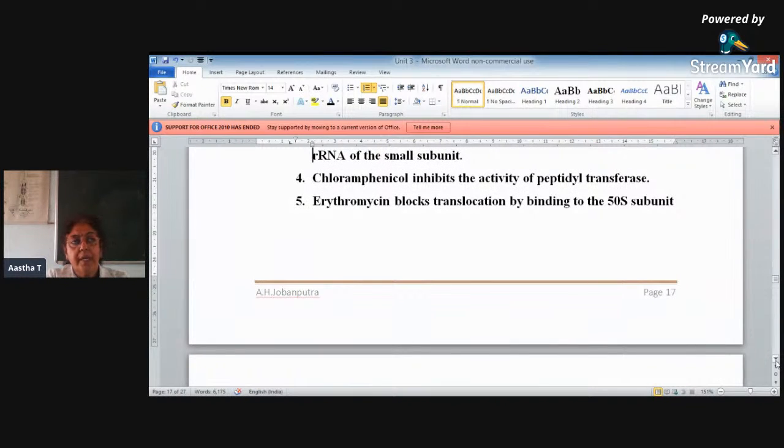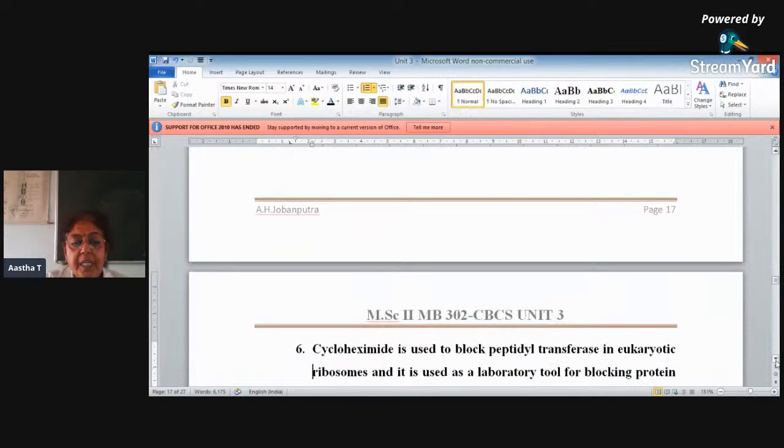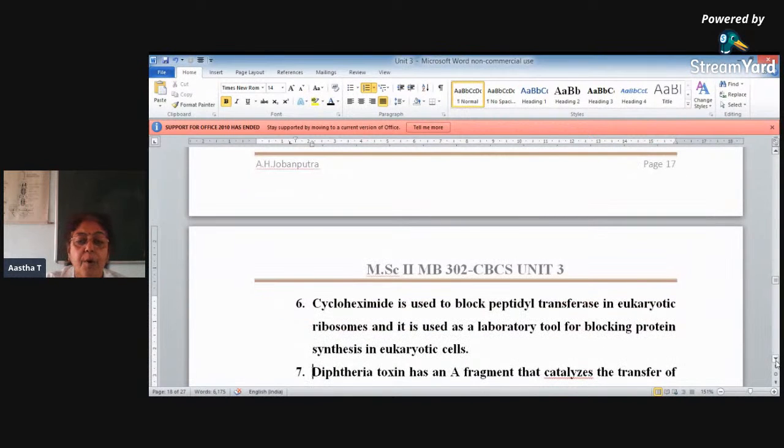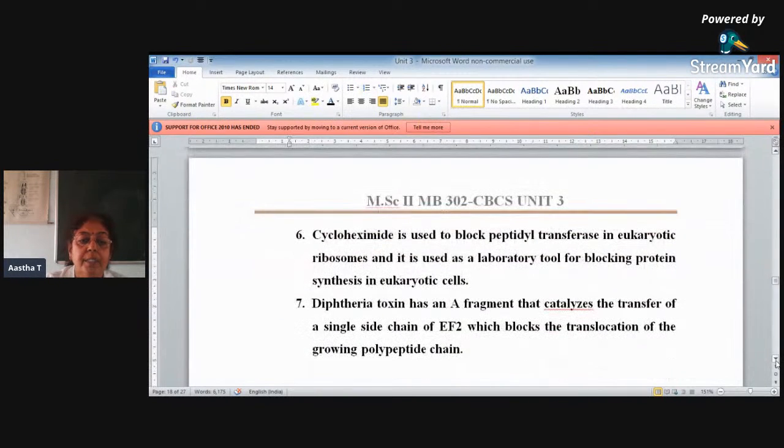Chloramphenicol inhibits the activity of peptidyl transferase. Erythromycin blocks translocation by binding to the 50S subunit. Cycloheximide blocks peptidyl transferase in eukaryotic ribosomes and it is used as a laboratory tool for blocking protein synthesis in eukaryotes.